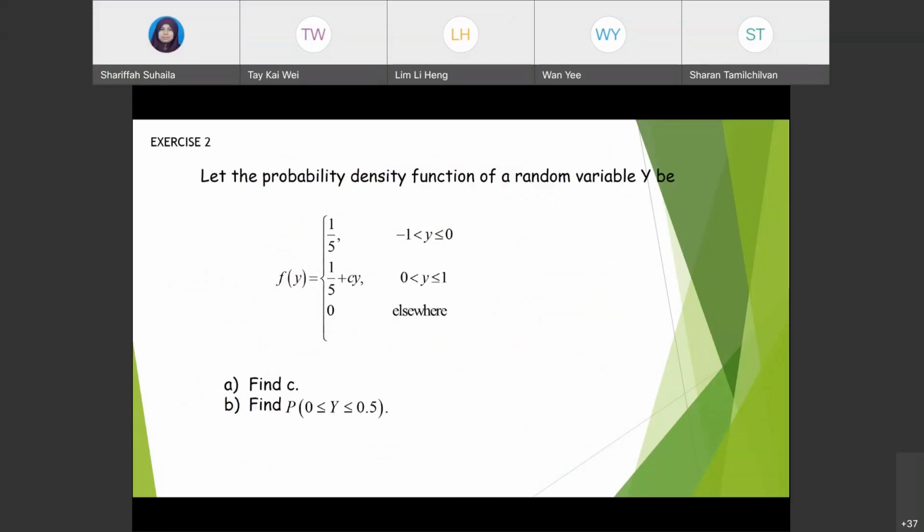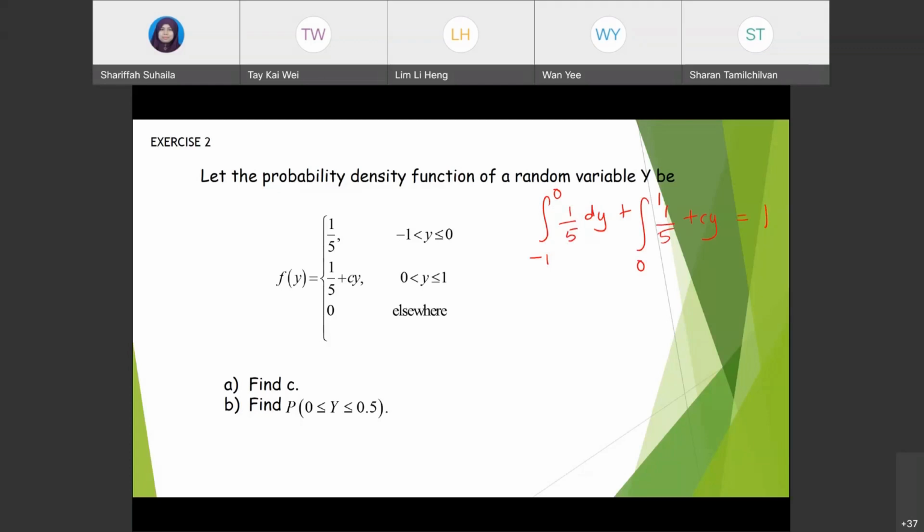You do integration. So that means from minus 1 up to 0, you have 1 over 5 dy, plus from 0 up to 1, 1 over 5 plus cy dy, and then you set it equal to 1.